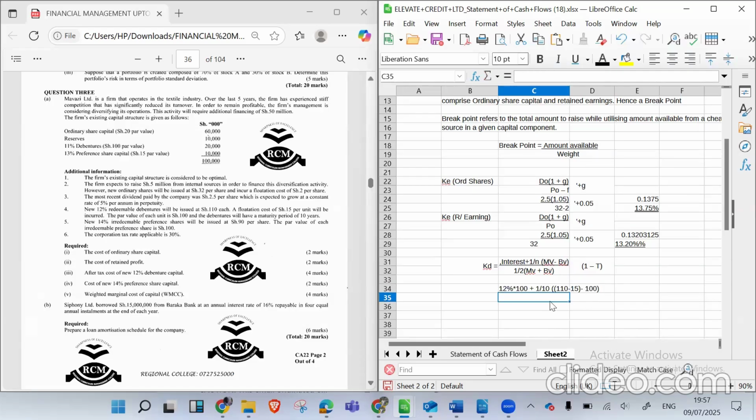So all that we divide by a half into, what is 110 minus 15? Is it 95? So instead of selling at 110, there is a flotation cost of 15. Flotation cost reduces the market value.